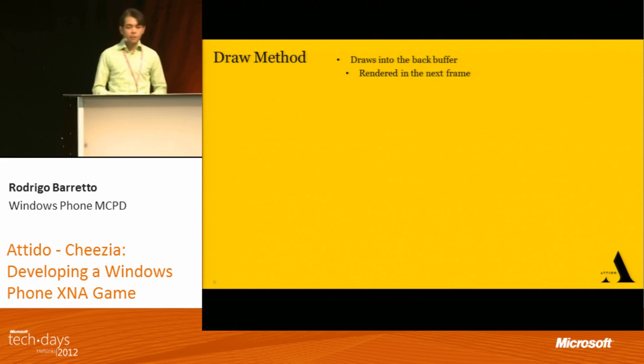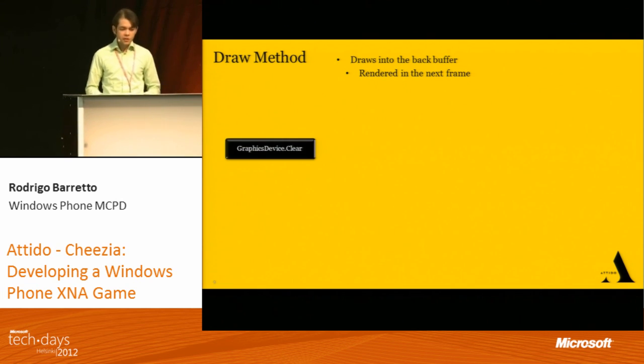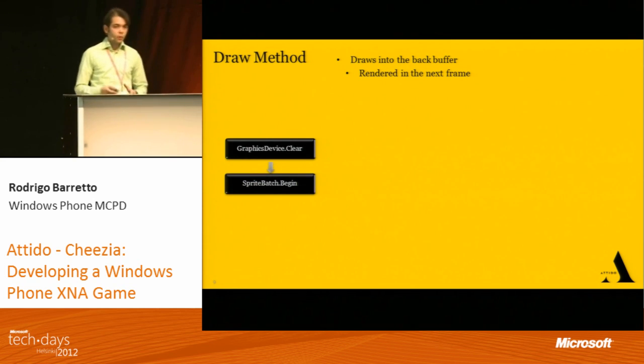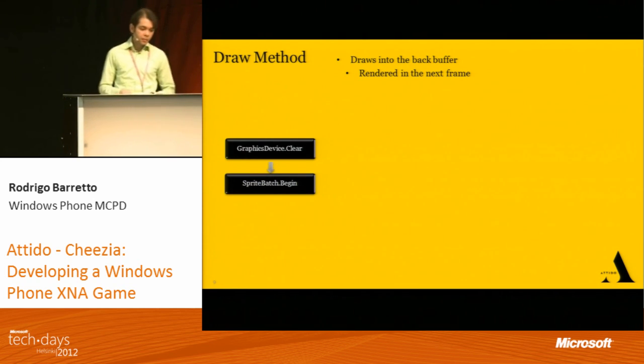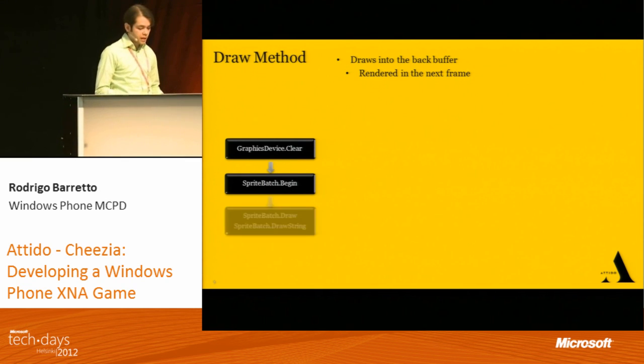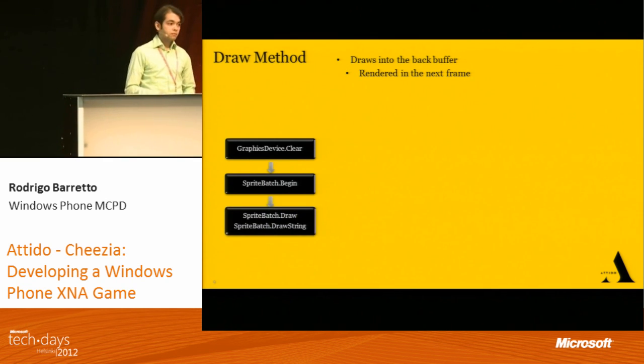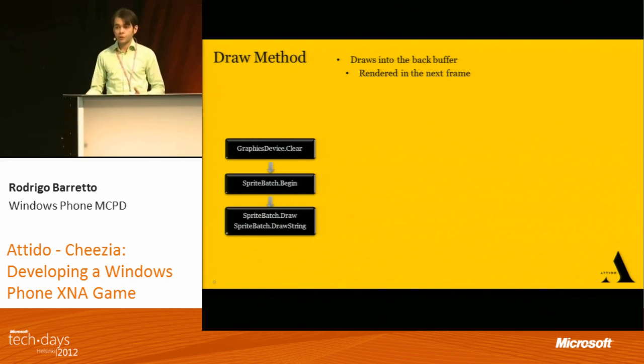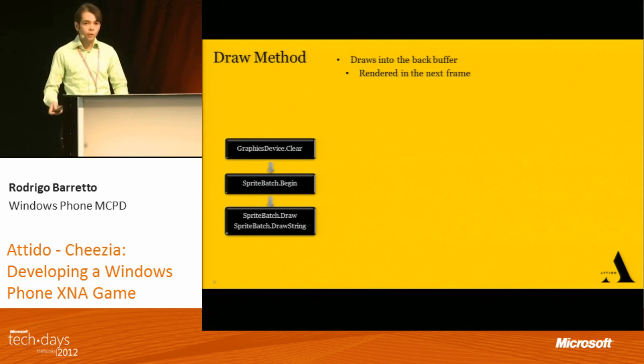When it comes to the draw method, the first thing you're going to do is clear the buffer, because for every update, you're going to recreate the frame. So when you clear the back buffer, you're going to call the SpriteBatch Begin, and then a series of Draw and DrawString methods to draw your textures and your strings, for example, the timer or the score.